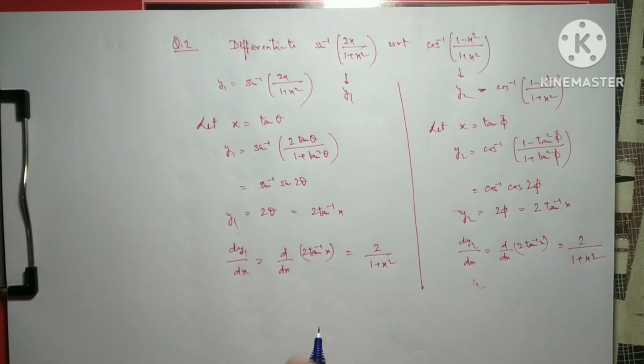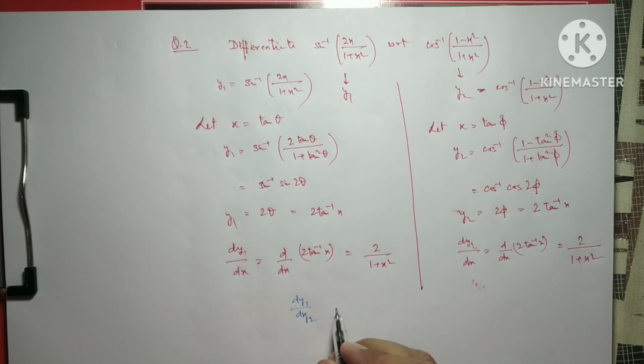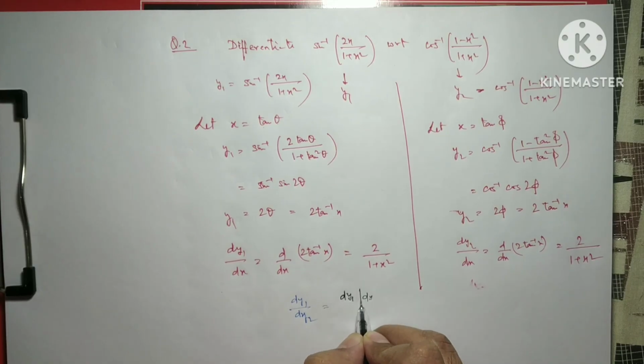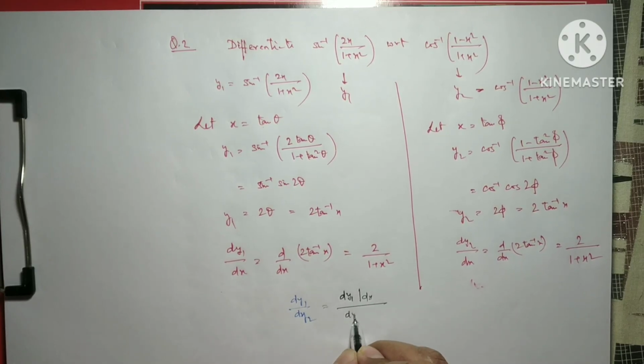So we want dy1 over dy2, that is dy1 over dx over dy2 over dx.